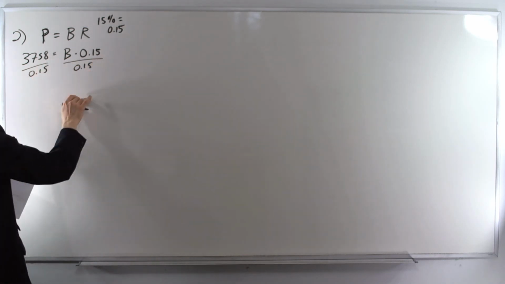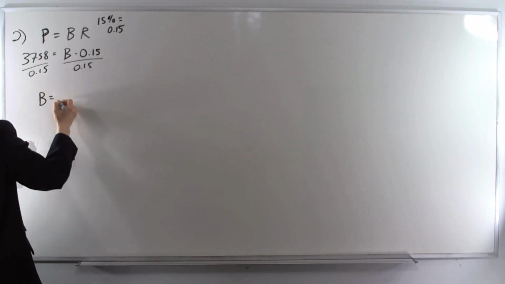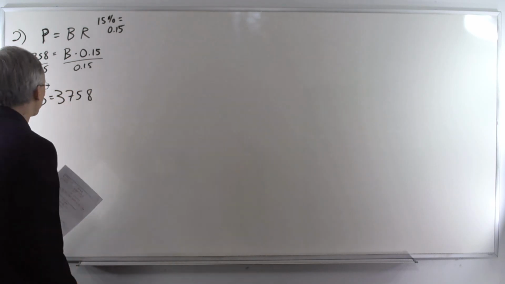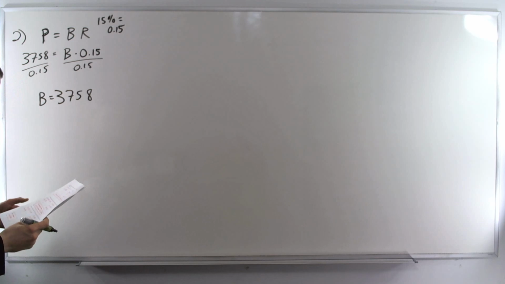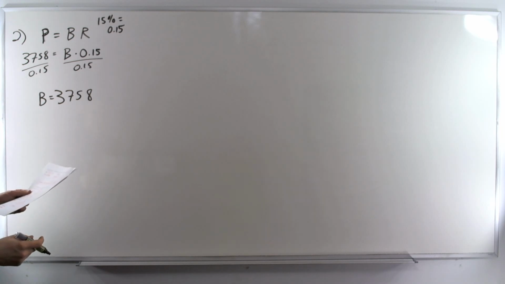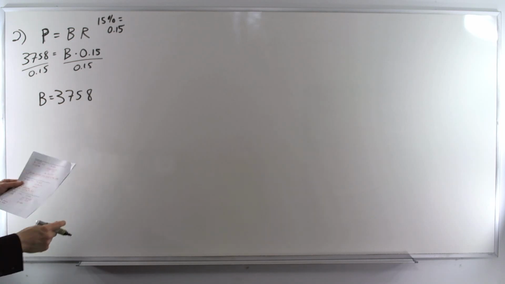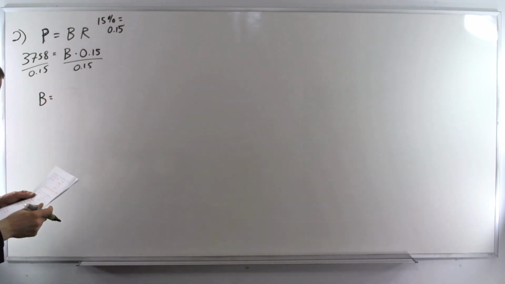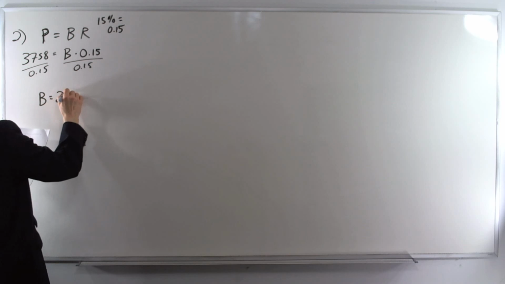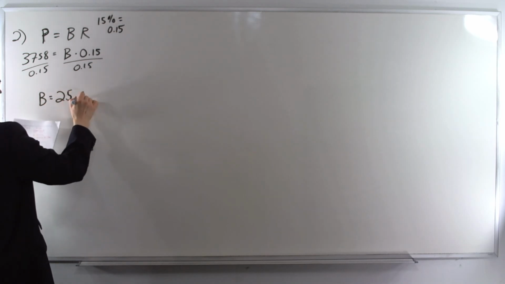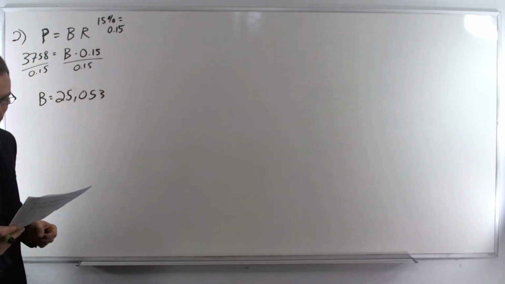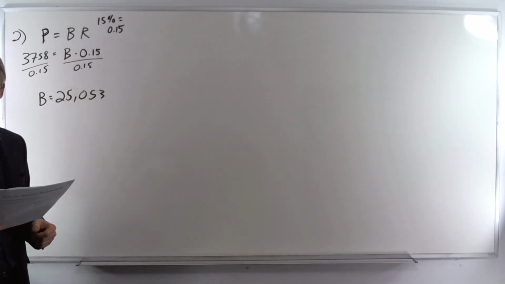Divide both sides by the percent, and we get B equals... oh, I'm sorry, I ran off the wrong thing there. Knew that was a little low. 25,053 people applied to college.